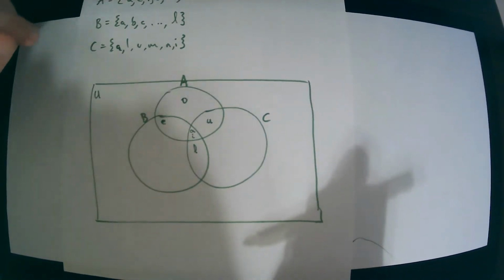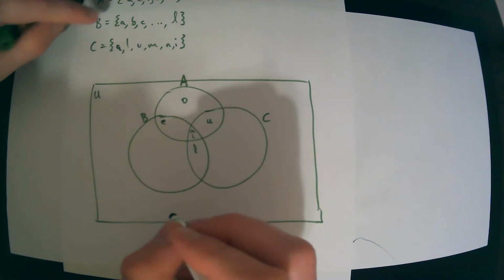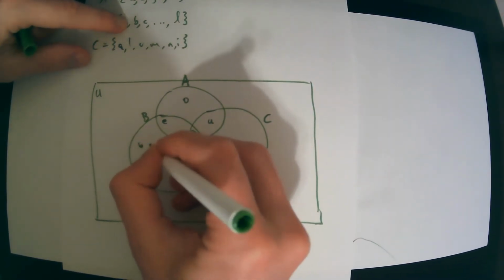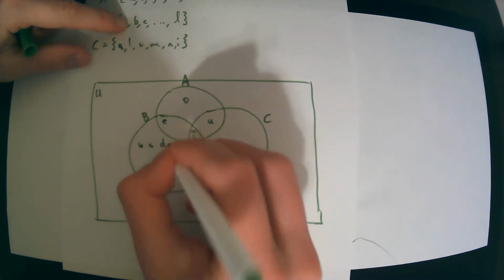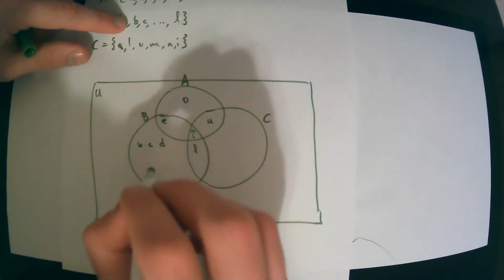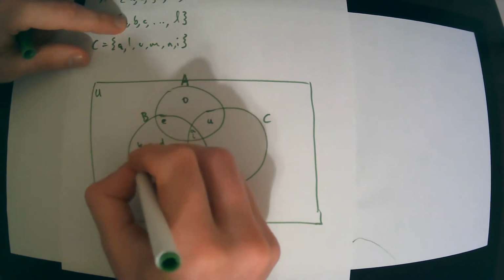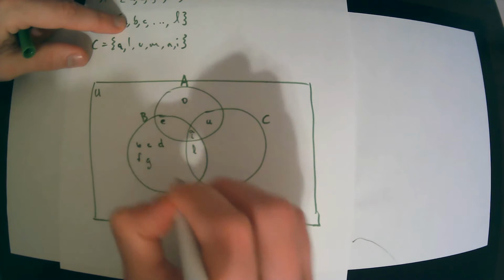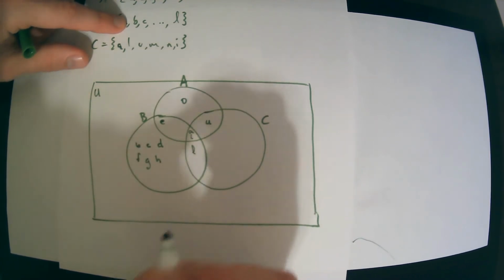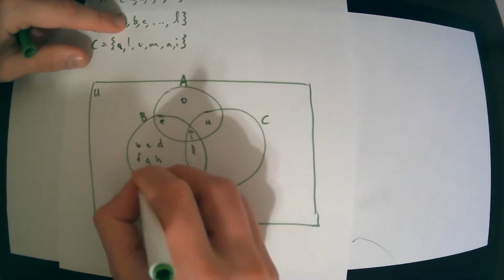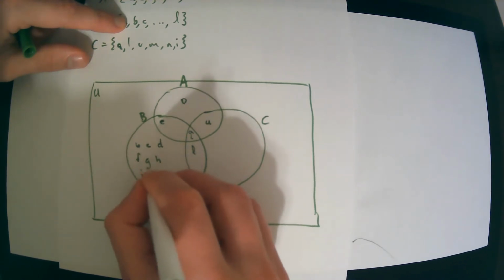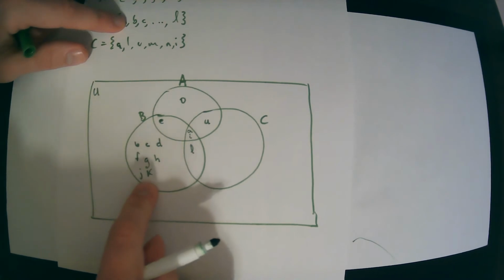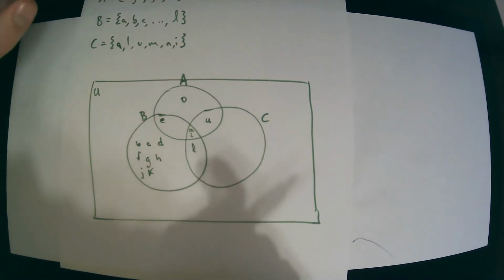Now for B, I'm going to have, okay, A is taken care of. I've got the B, then I've got C, D, let's see, A, B, C, D, E, okay, that's taken care of. F, G, H, I, but that's already there. J, K, and L, but L is already over there. So lots of stuff that's in B that's not in any other set.